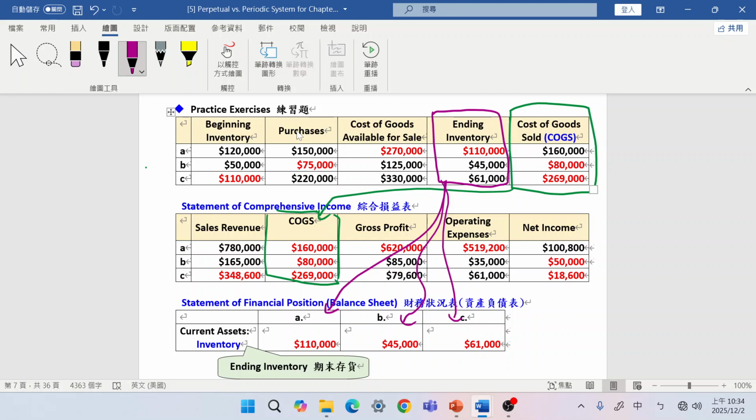Only when you finish the first table and have the numbers can I use the data to prepare two financial statements. So remember, the financial statement is always your last step, because only when you have the data can you put it into the different financial statements.